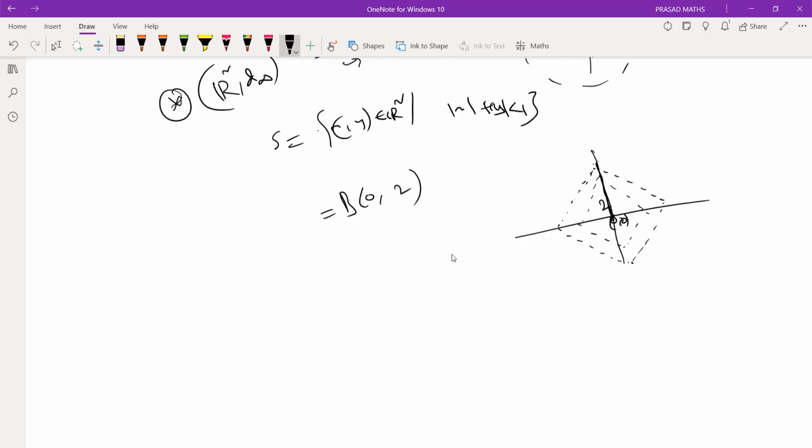Therefore, this is my open ball. This red open ball contains your given set. Yes or no? Is it clear? Yes, sir. So therefore, it is bounded.